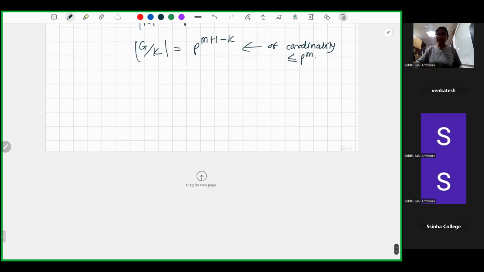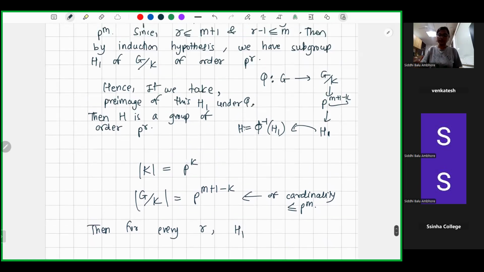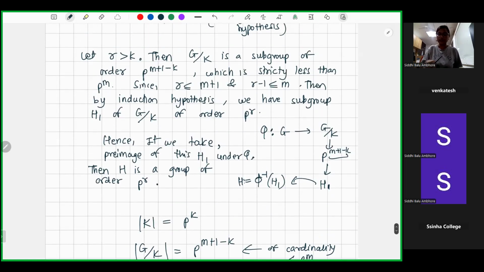Okay, and the moment I have some group of order p power m, then for every r, I again have a group of order this H1, and when I take the inverse image of H1, it will also contain this H in it, along with these extra r elements. So it becomes a subgroup of order p power r for r greater than or equal to k.